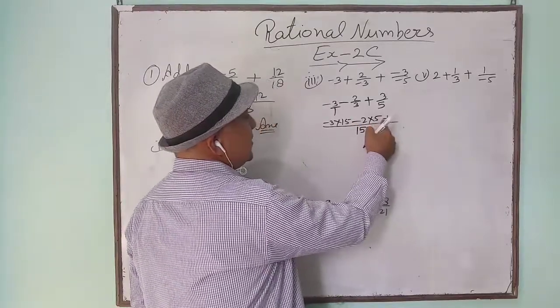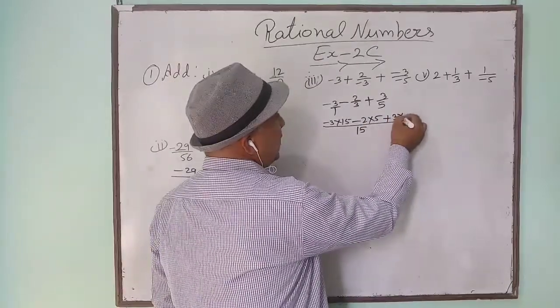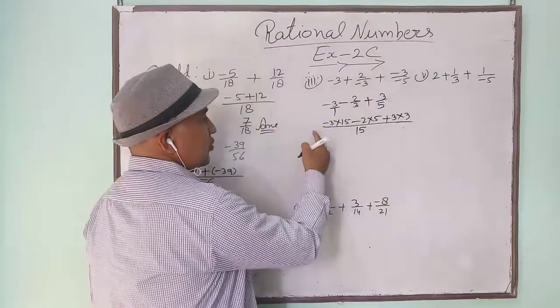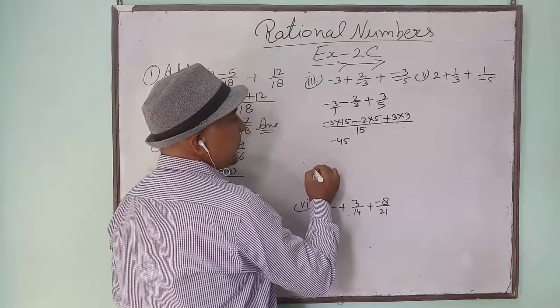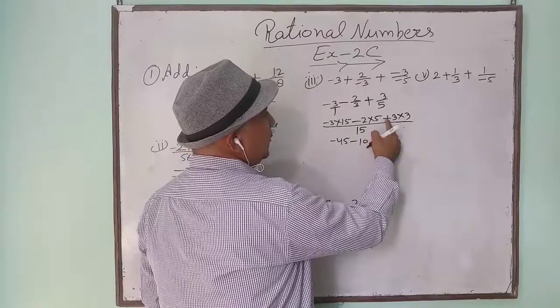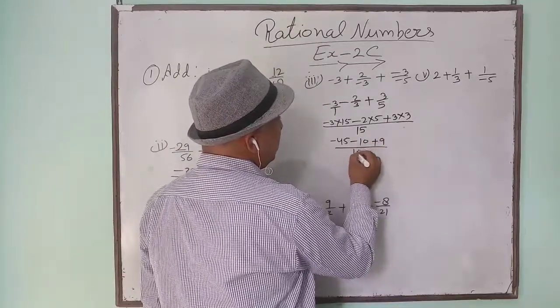Now write down this plus. 5 dividing 15 coming 3. So numerator will be multiplied by 3. Understood? Now solve. Minus 3 into 15 is minus 45. Minus 2 into 5 is minus 10. Plus 3 into 3 is plus 9 upon 15.